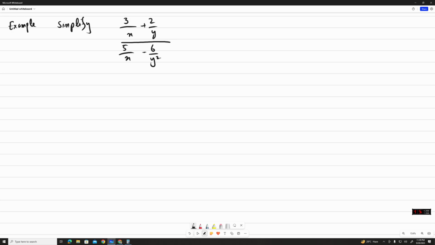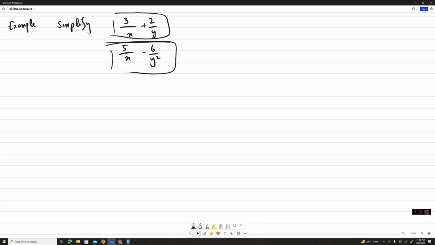The trick over here is to remember what's in the denominator and do the right operations and the right procedure. So what we will do is first find the LCM of the numerator and the denominator independently, then we will divide the two.